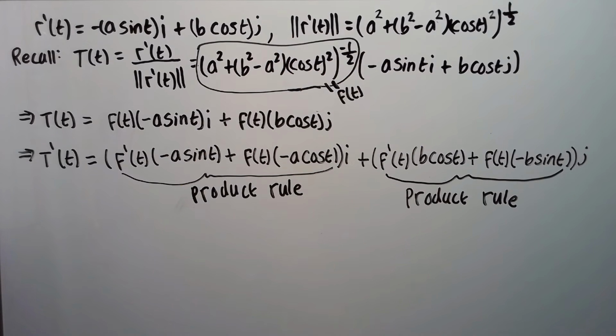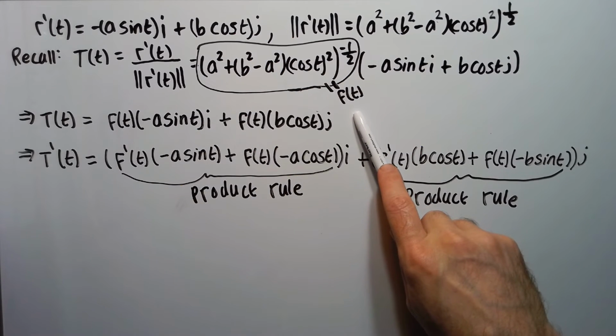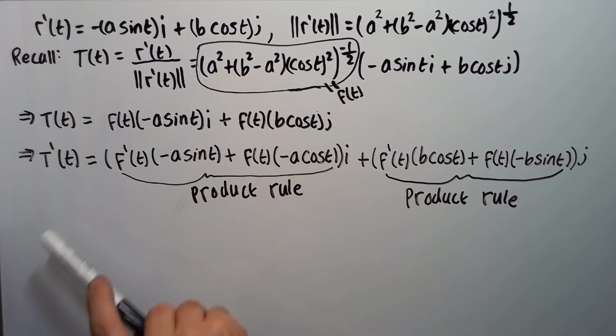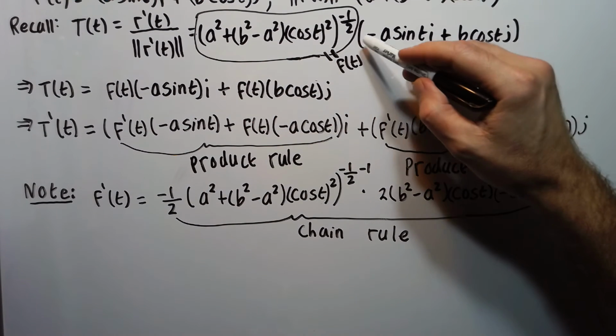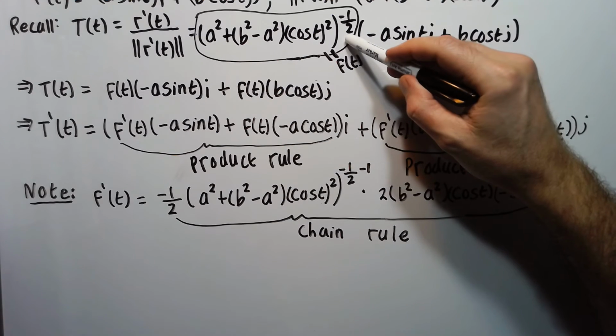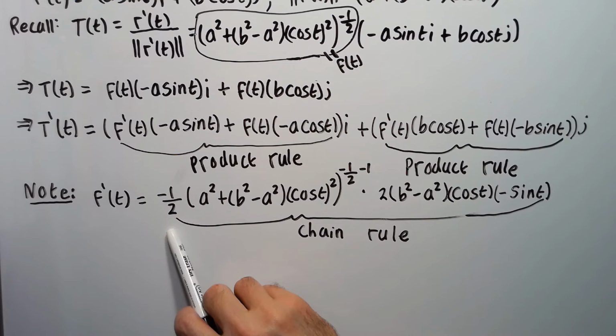Okay, let's next find f prime. So my f's up here. So I'm going to have to use the chain rule on that. So let me write down here. Okay, so taking the derivative of my f up here, it's going to require the chain rule, so I'll take the negative 1/2, bring it in front, so I did here.